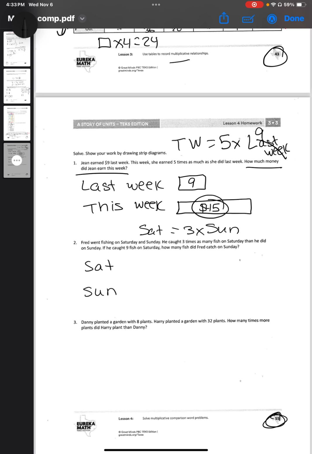If we keep reading, it says he caught 9 fish on Saturday. We can go ahead and make a model of that. We know he got 9 fish Saturday. That equation that we had built up here, we can go fill in now what we know about Saturday. Saturday is 9. Therefore, 9 equals 3 times Sunday.